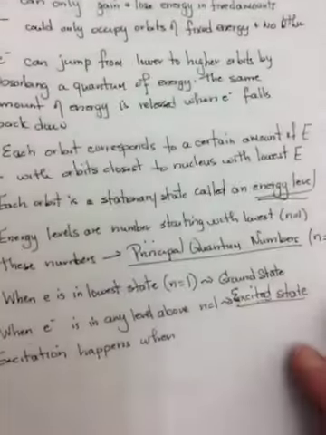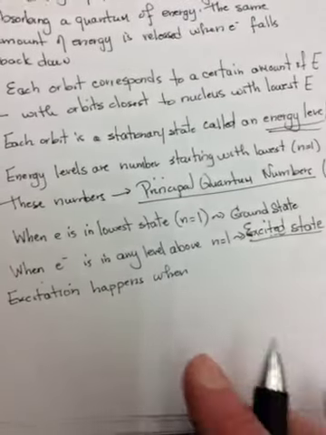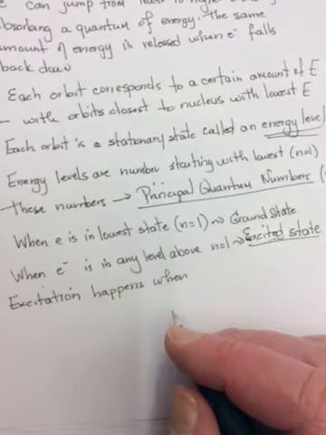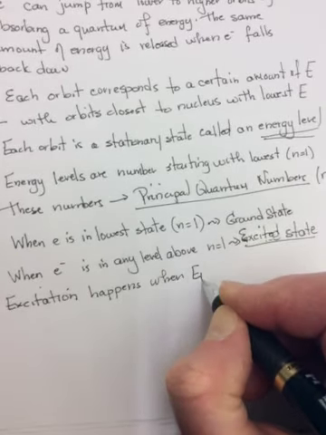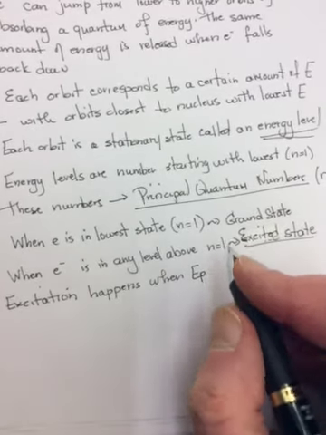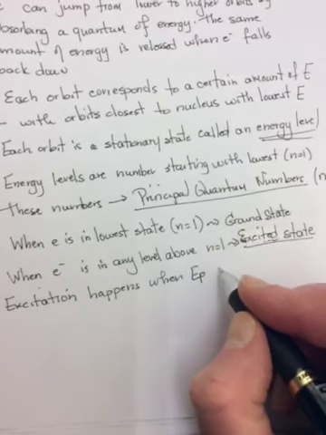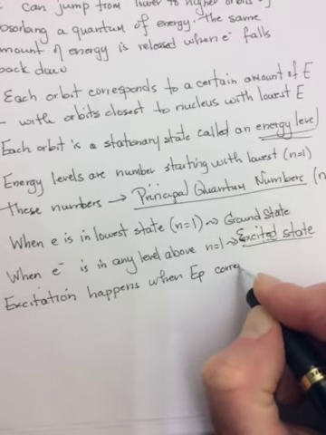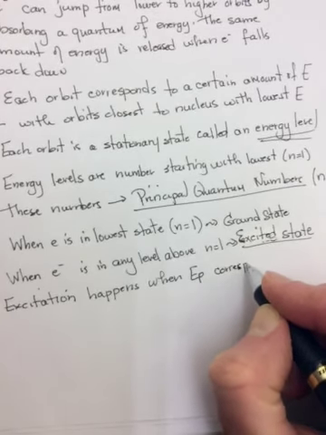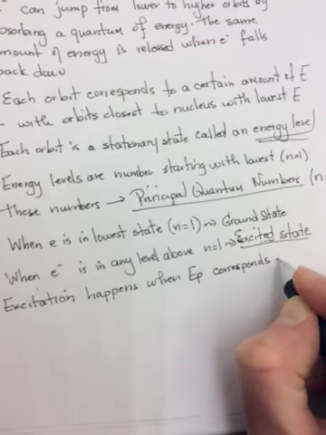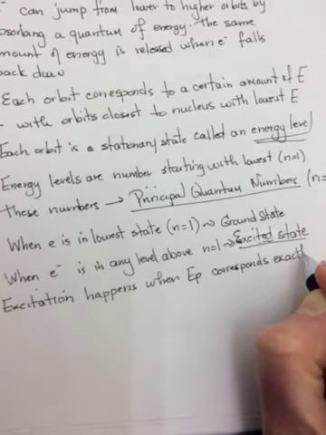If it doesn't exactly match, it cannot jump from one level to another. So excitation happens when an incident photon, EP, for the energy of an incident photon, corresponds exactly to the difference in energy between the different levels. So corresponds exactly. If it's close, it doesn't matter.